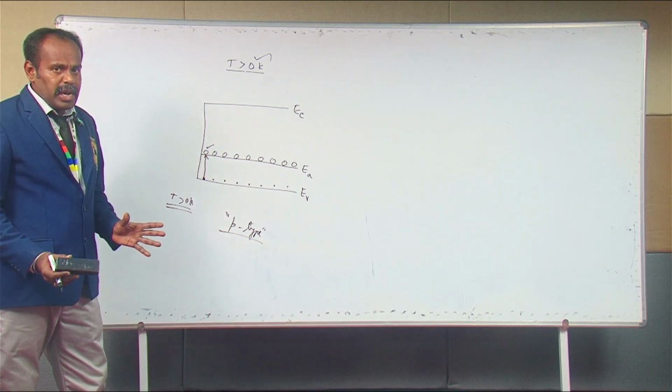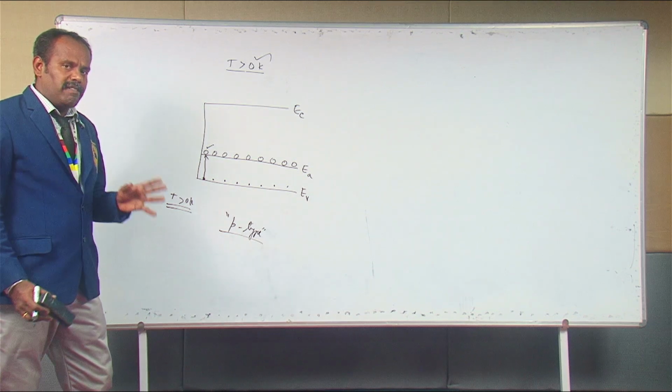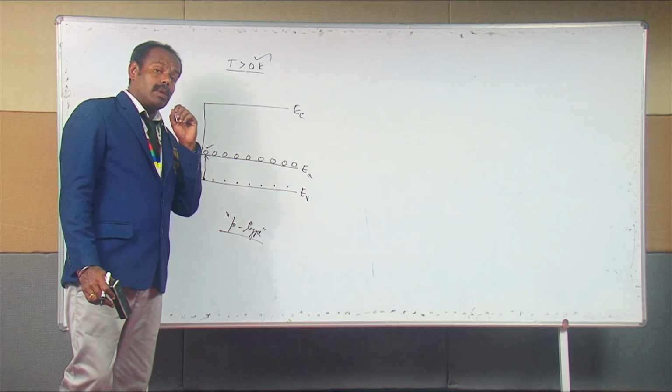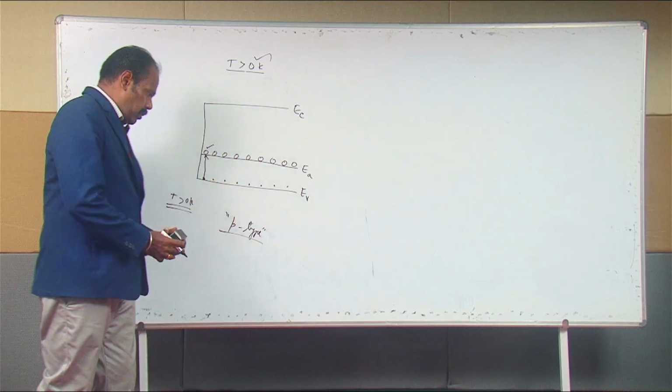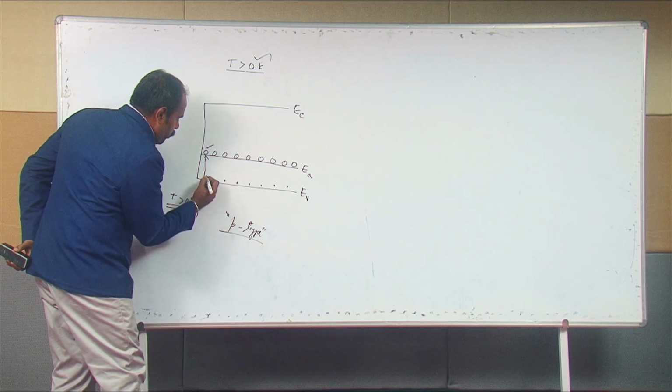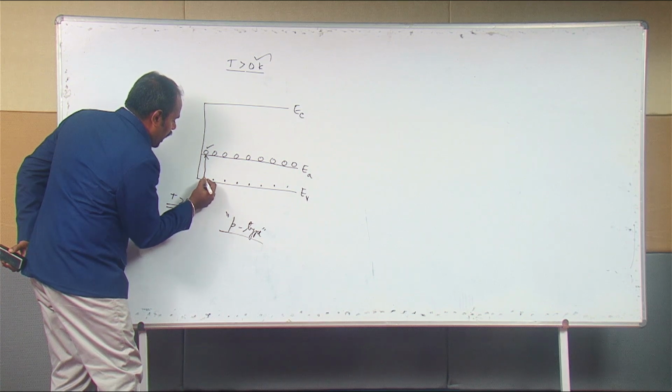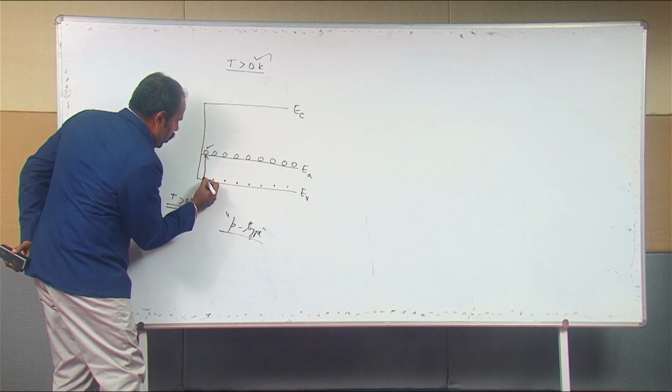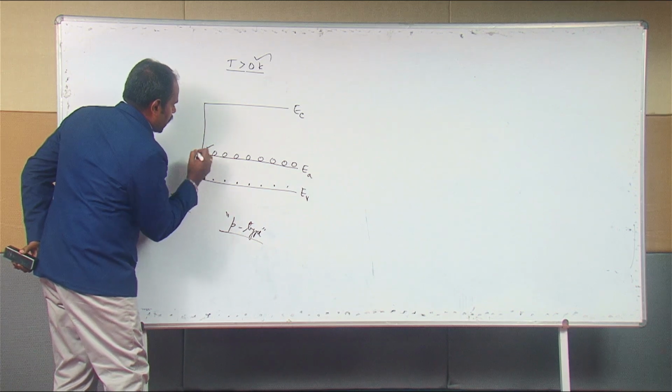Because of the addition of the trivalent impurity atom, new acceptor sites have been introduced to the system, and as we increase the temperature, valence electrons from the valence band will move and occupy the acceptor sites.